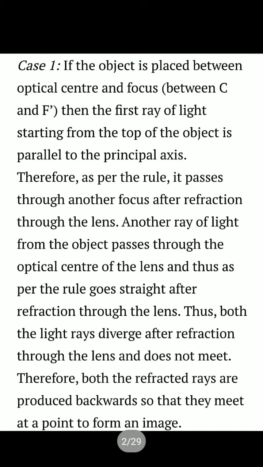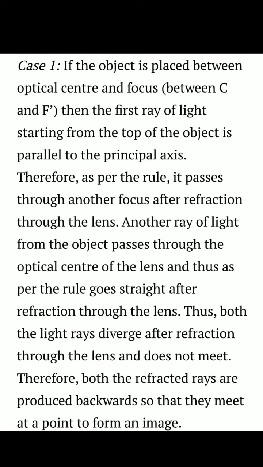First, if we keep the object between optical center and the focus, then where the image is formed? You just recall the last diagram in case of a concave mirror. When the object is placed very close to the mirror or in between pole and focus, what happened? That is the exceptional case.